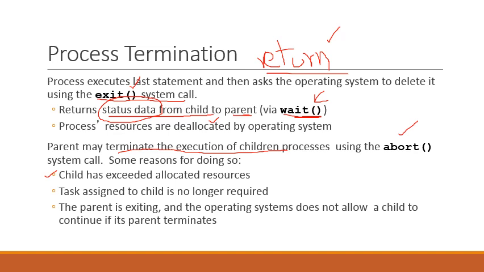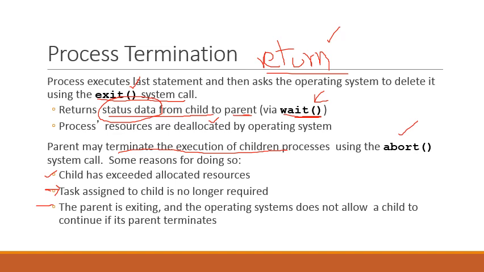Another reason could be that the task assigned to the child process is no longer required. The parent process doesn't deem it necessary that the child needs to finish its execution. The task that was assigned to the child process is no longer required, so the parent can abort this process.